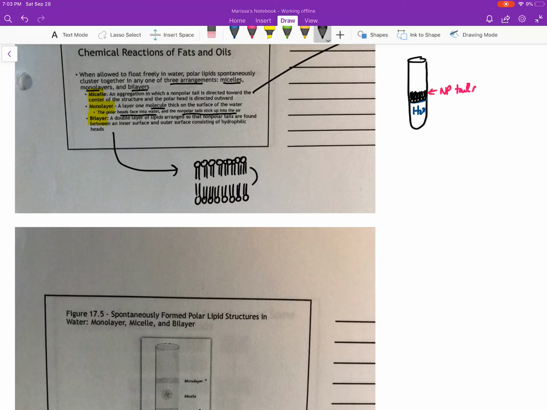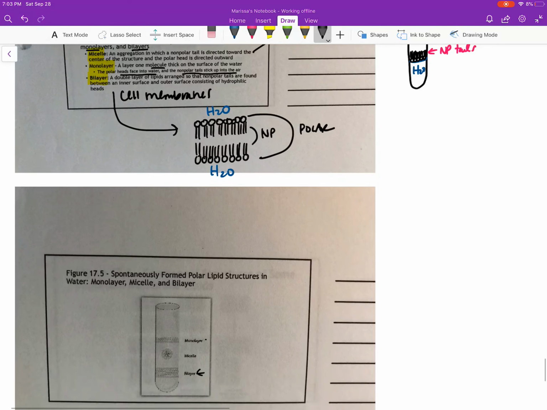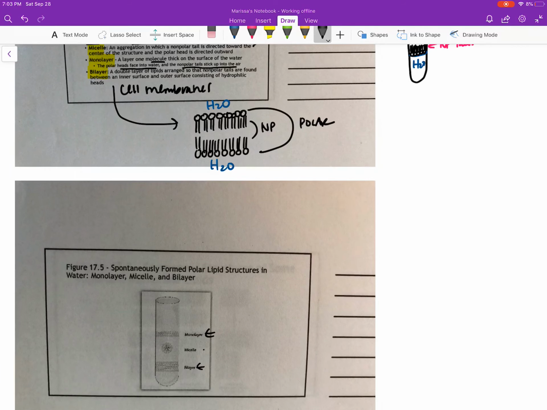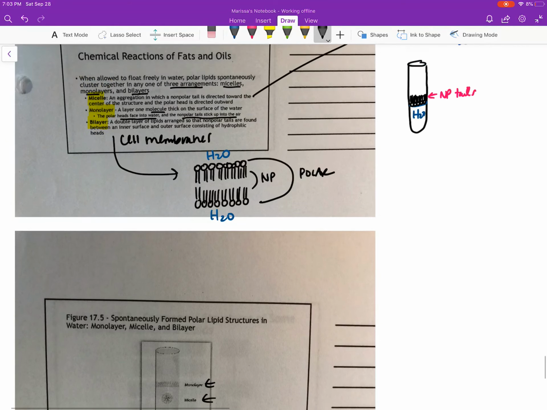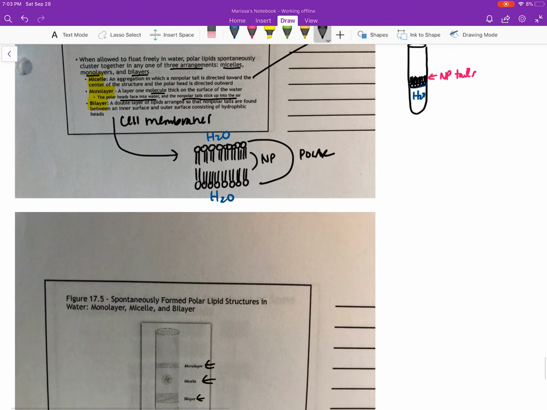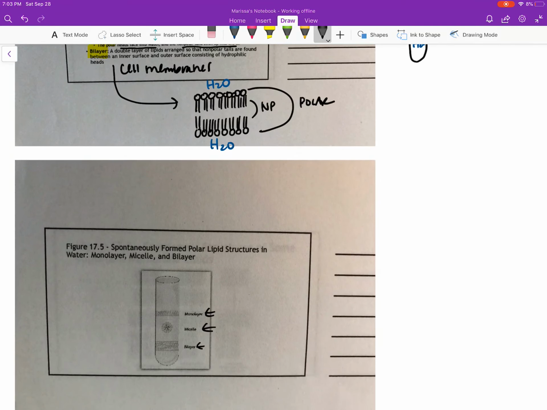Okay, so the inside is nonpolar, the outside is polar, and so what we see is water and water. Okay, so this is what cell membranes look like. Okay, so here in a test tube, it's just a really grainy image. It doesn't do a very good job. My drawings are not the best, but this is so grainy it's really hard to see.